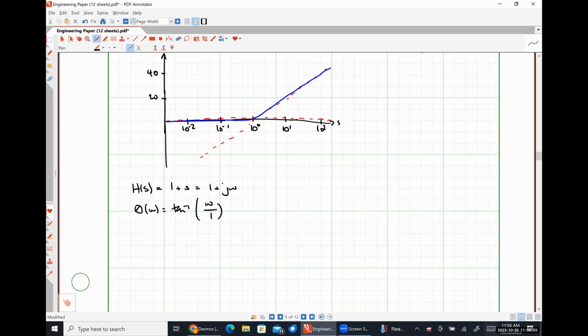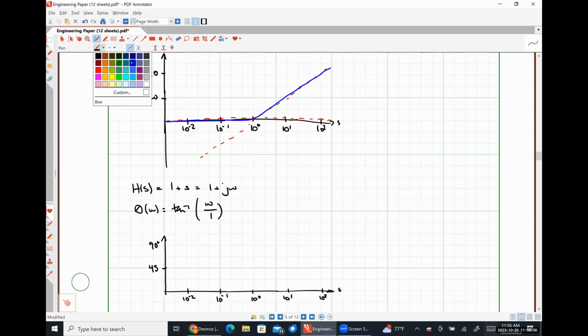Which means for a logarithmic plot like this, let's make this positive 45, positive 90 degrees.